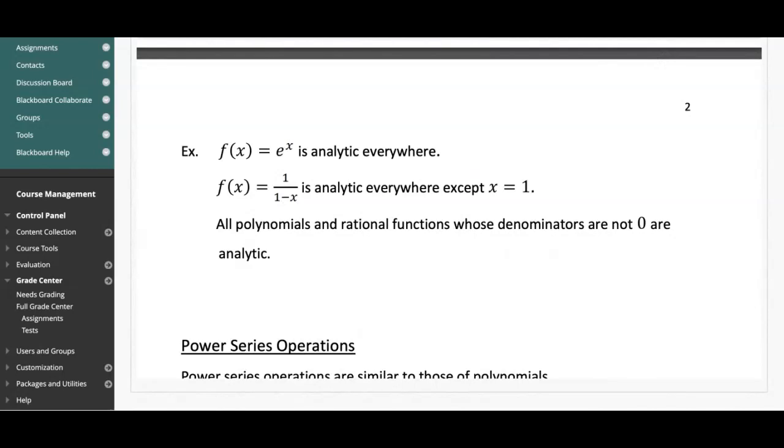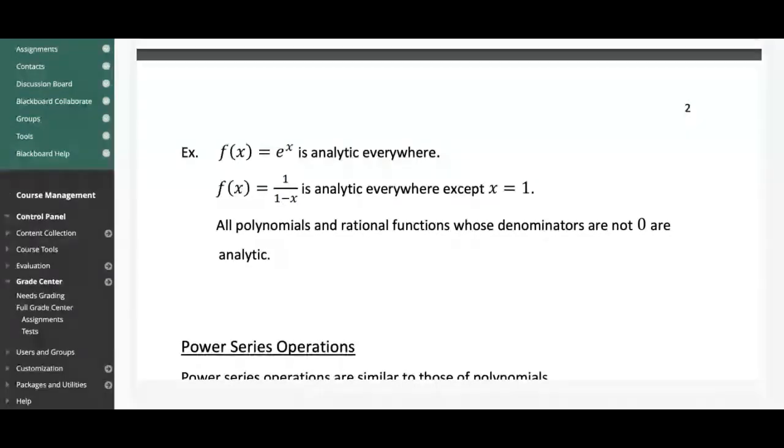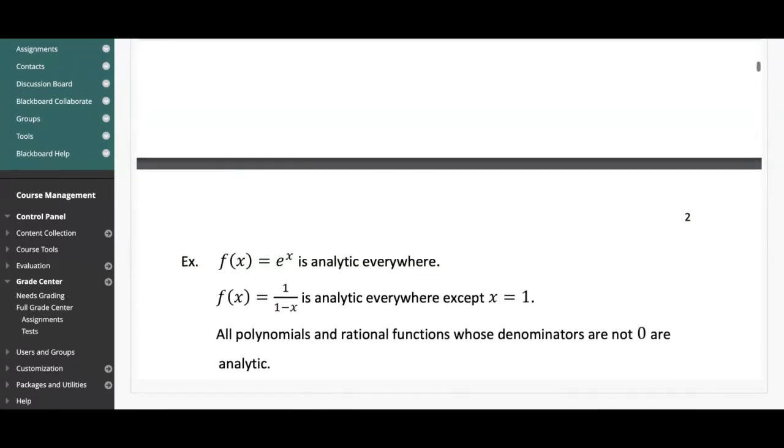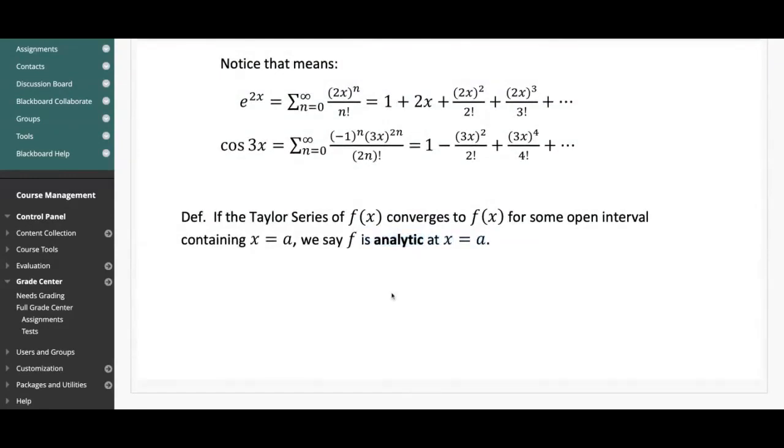I have a question, Professor. Yes, Gregory, go ahead. What does it mean f of x converges to f of x? Like, is that what we expected? Okay, let's go back to Calculus 2. Remember Calculus 2 talked about convergence? We have series, we have two types, right? Either converges or diverges. If it converges, it converges to something.